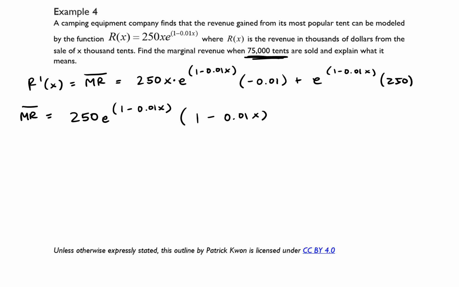All right, so we have our marginal revenue function, and we want to find the marginal revenue when 75,000 tents are sold. Be careful because the input is in thousands of tents. So 75,000 tents means that x is equal to 75. So we want to find the marginal revenue by inputting 75 into our marginal revenue function.